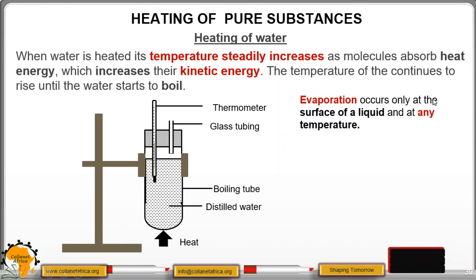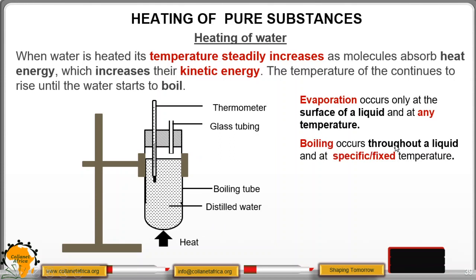Evaporation occurs only at the surface of the liquid and at any temperature. So it is good to note that evaporation occurs at the surface of the water or the liquid, and it occurs at any temperature. Boiling occurs throughout the liquid, at a specific or fixed temperature.